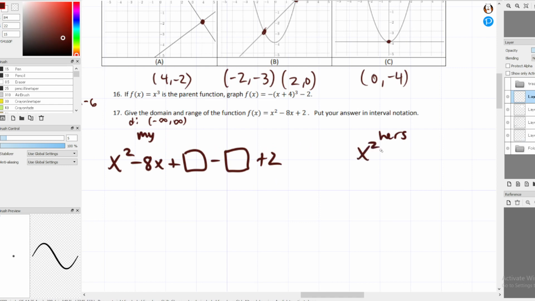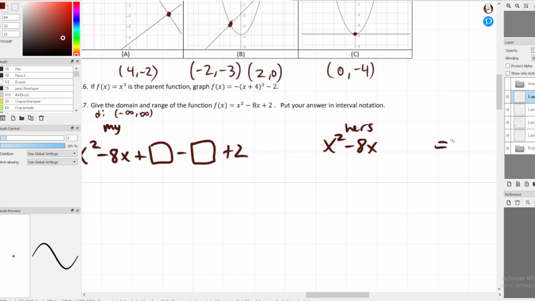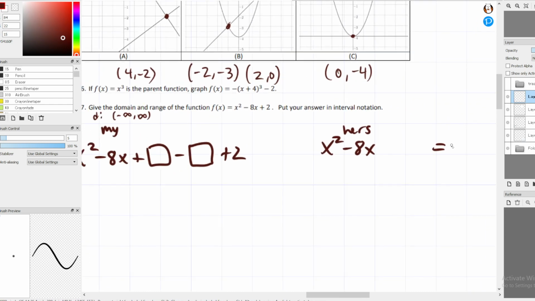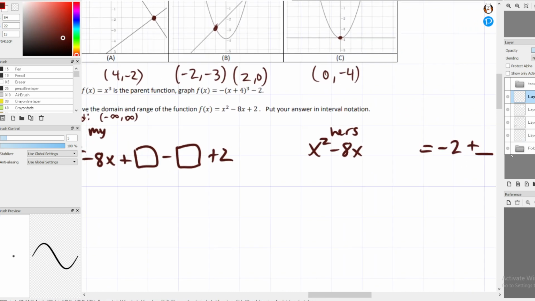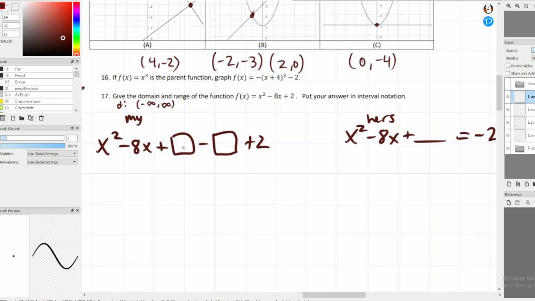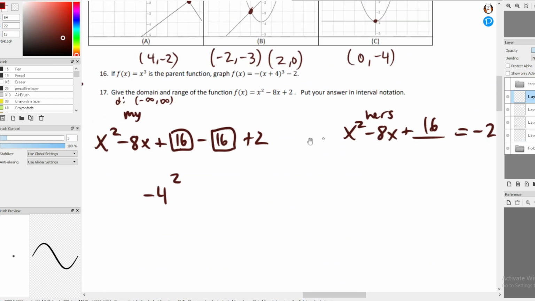She does x squared minus 8x, and she moves the 2 over to the other side of the equation. So she does minus 2, and then plus something, and plus something here. And the thing that goes into our box, or our something, we divide our b term by 2, which gives you negative 4, and then you square that. So negative 4 squared is positive 16. And you just replace your guy there.